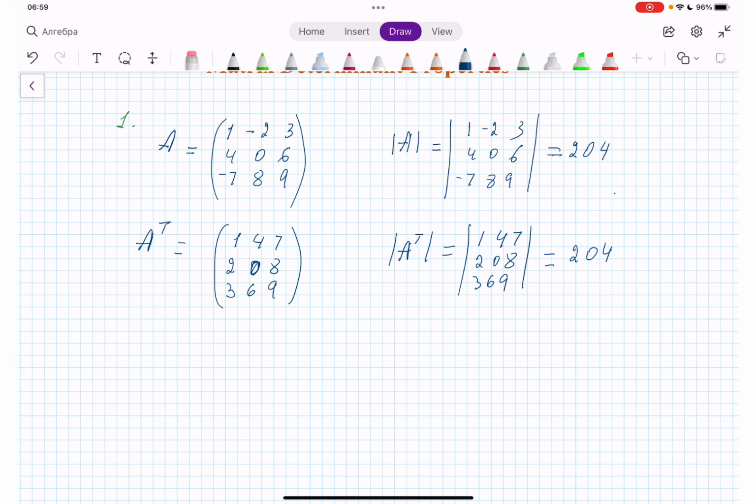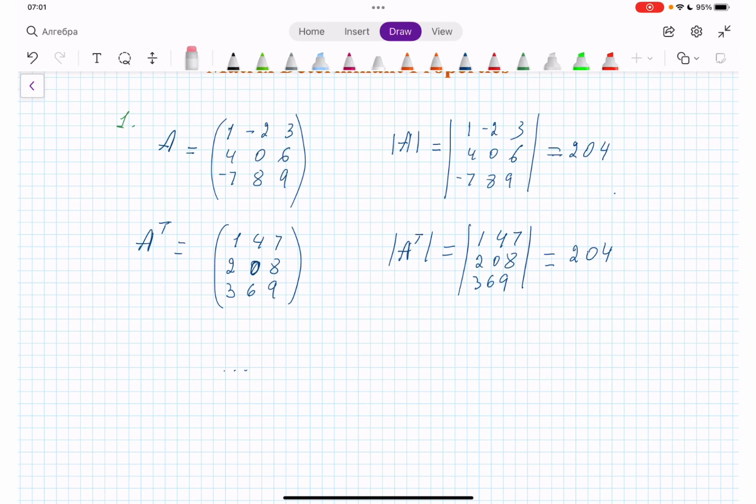For example, let's say you have some matrix in a row. If you don't like to deal with a matrix in a row, especially when you do multiplication, maybe it's easier to have it in the format of a column, then you can write it in the form of a column.